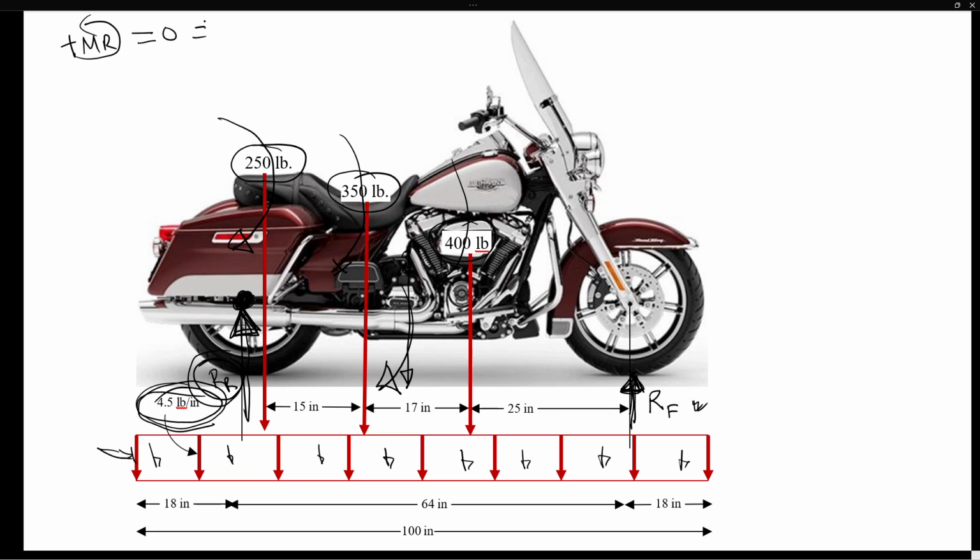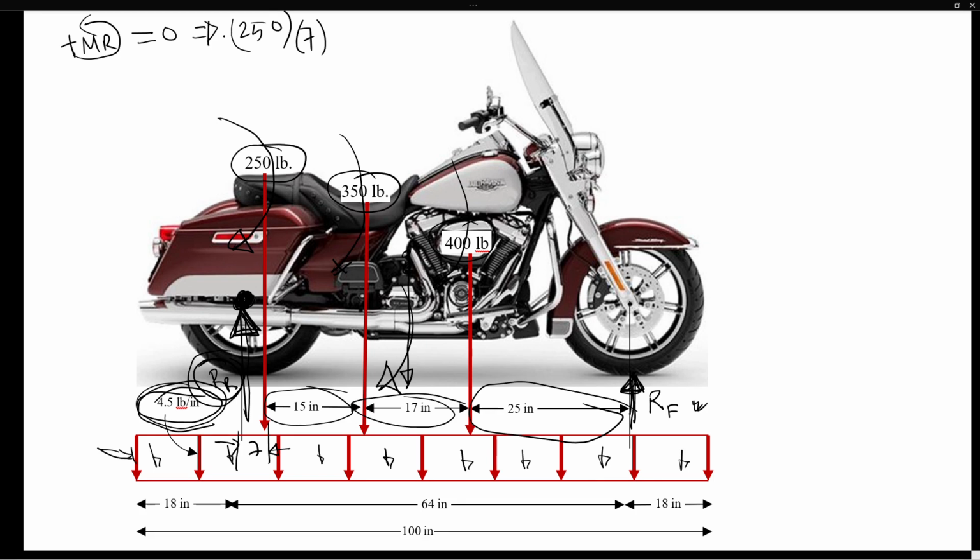For that 250 pound loading, it is 7 inches away. The way you can calculate that is the total wheelbase 64 inches, and then you subtract all these dimensions from the 64 inches, which gives you 7 inches for the passenger distance from the rear wheel.